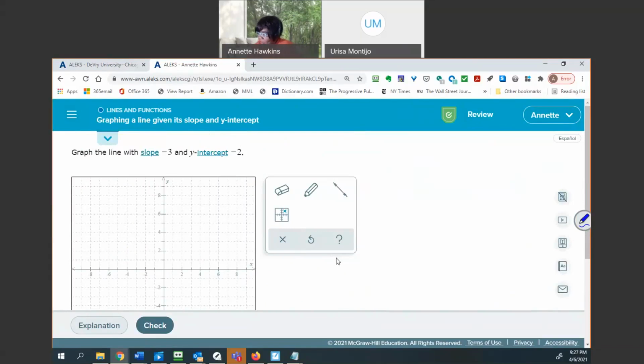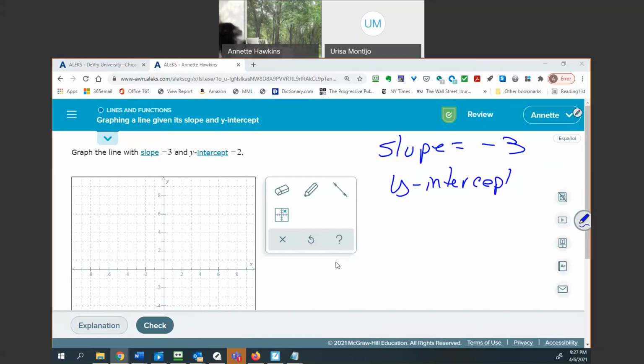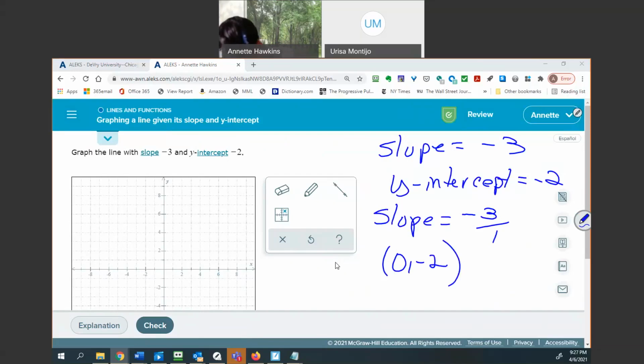So now we're going to use rise over run. Slope is negative 3. Y-intercept is negative 2. When you have the slope, you need to write it as two numbers, negative 3 over 1. Put a 1 under there. And then the y-intercept is (0, -2).